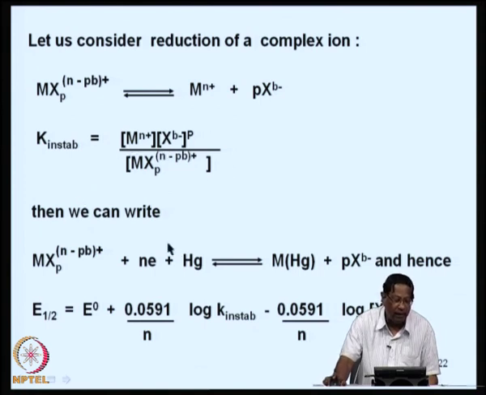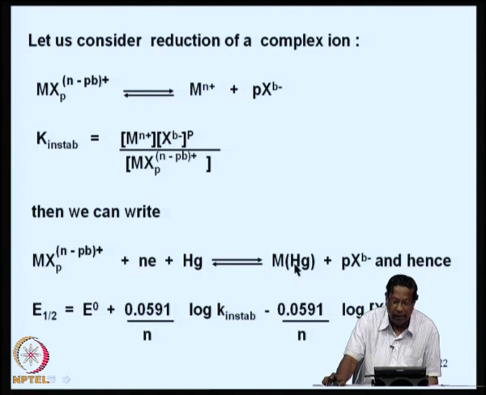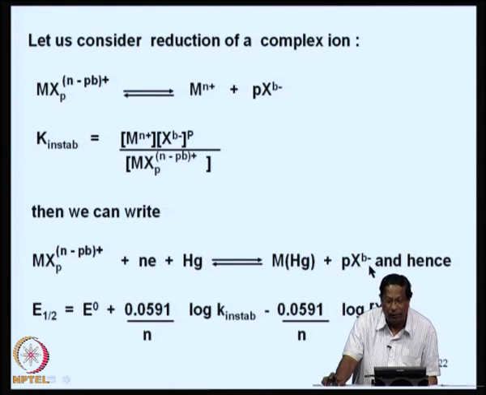Then we can write the equation: MXp raised to (n minus pb) plus, plus ne and Hg, going to the metal, getting reduced to the metal on mercury and releasing the ligand pXb minus.